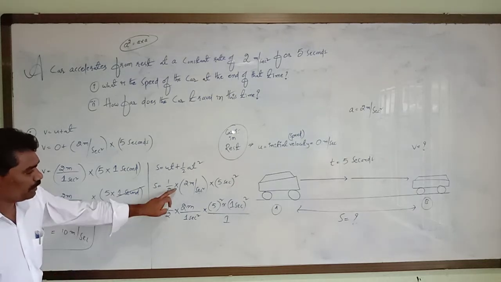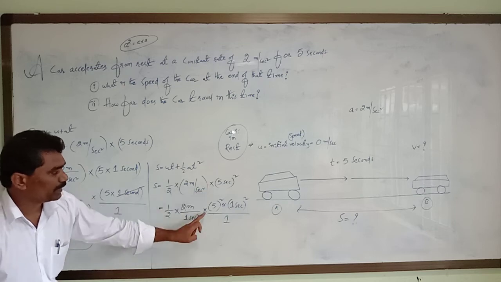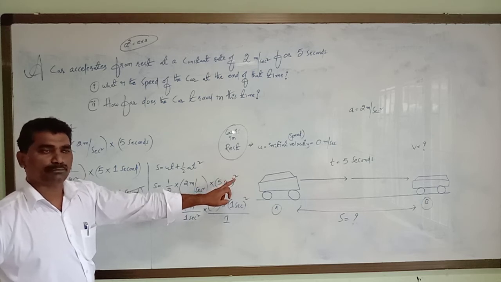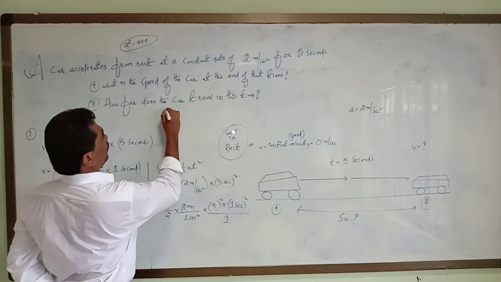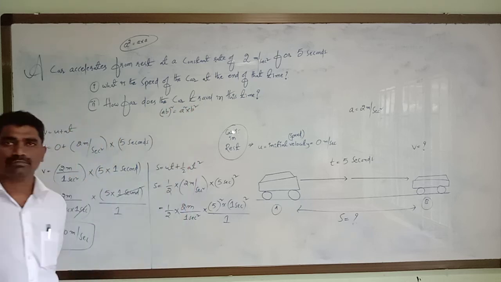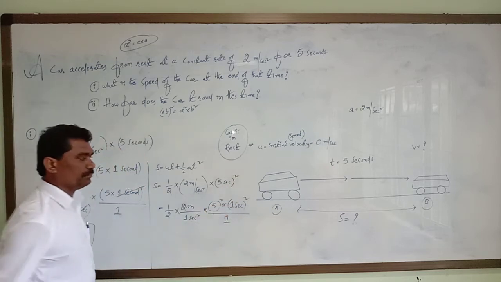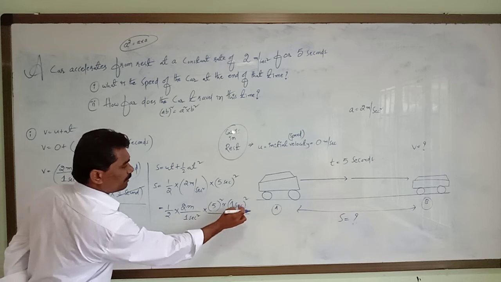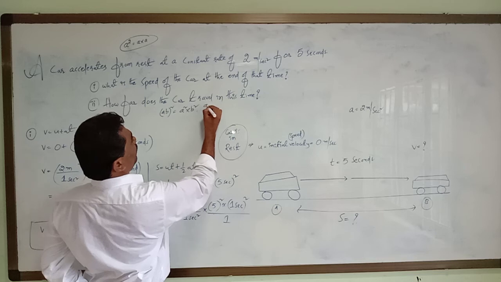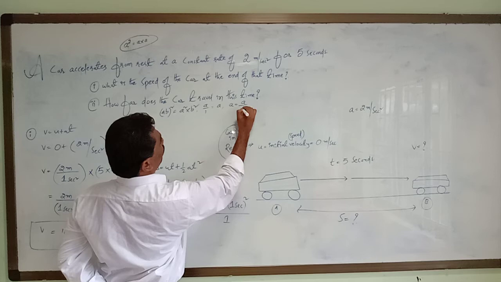AB whole square can be written as A square into B square. In the same way, 5 second whole square can be written as 5 square into 1 second whole square. A is written as A by 1.